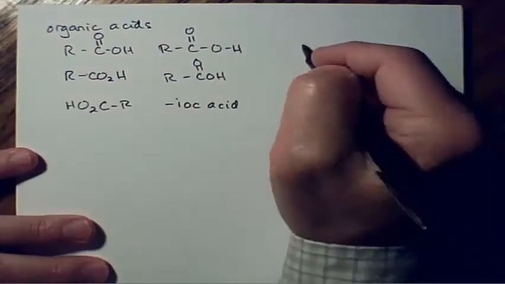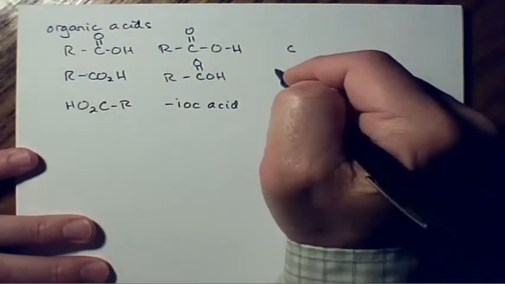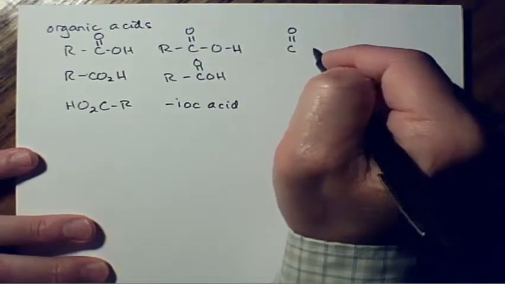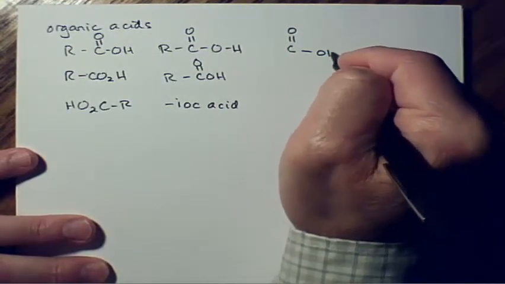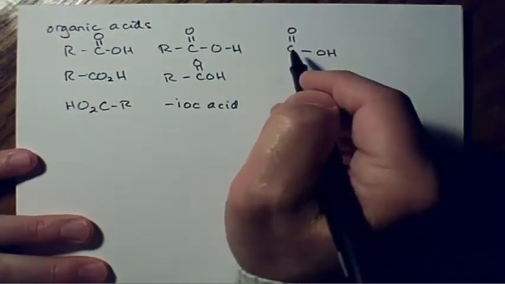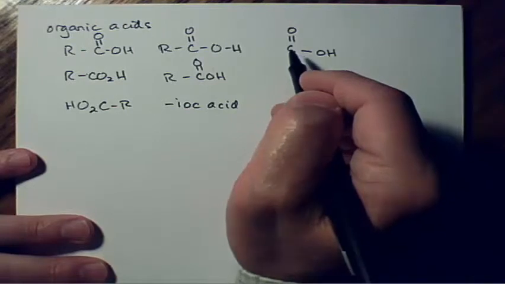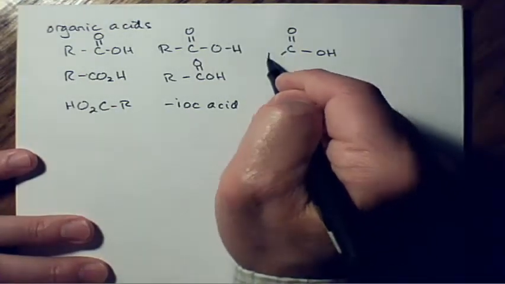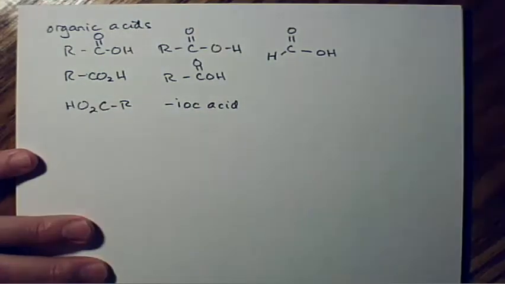So if I just have one carbon, and on that carbon is a double bond to an oxygen, and there's an OH group sitting off the side of it, you need to infer this carbon needs another thing bonded to it, because all carbons need 4 bonds. So that would mean I have a hydrogen attached.